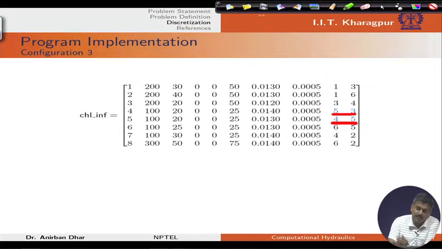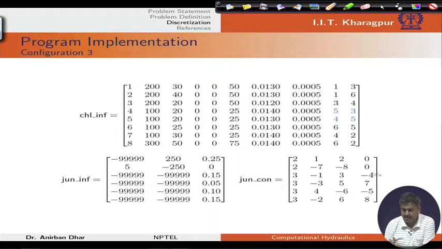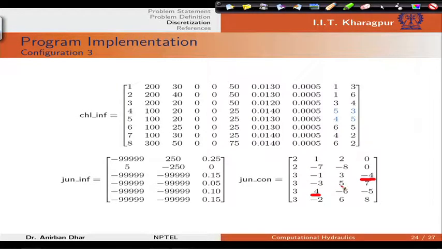Now, flow is from 4 to 5, and again I need to consider this, that at channel junction 3 this end section of 4 is connected, at channel section 5 starting section of 4 is connected, channel section 4 starting section of 5 is connected, and channel junction 5 ending section of channel reach 5 is connected.